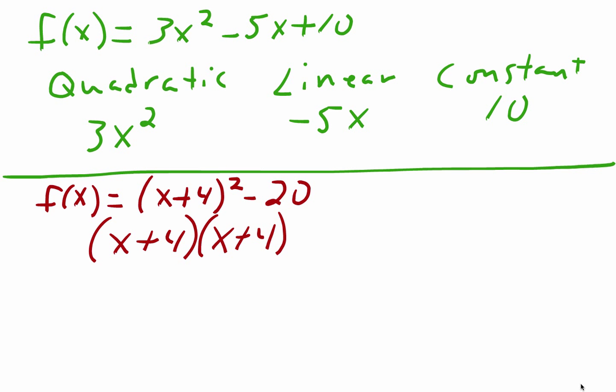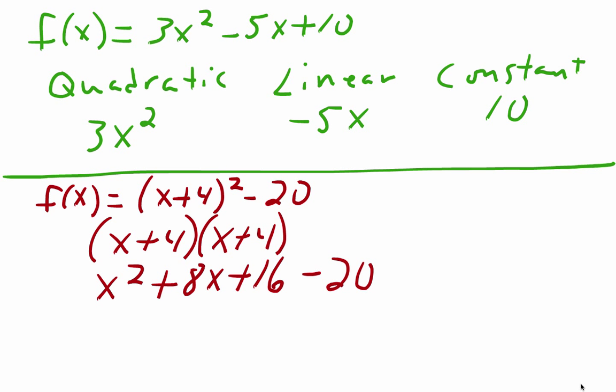So you have to FOIL that, and if you FOIL x plus 4 times x plus 4, you get x squared plus 8x plus 16. Then you also have the minus 20. So now you have to combine your like terms, the 16 and the negative 20. So my final answer would be x squared plus 8x minus 4.